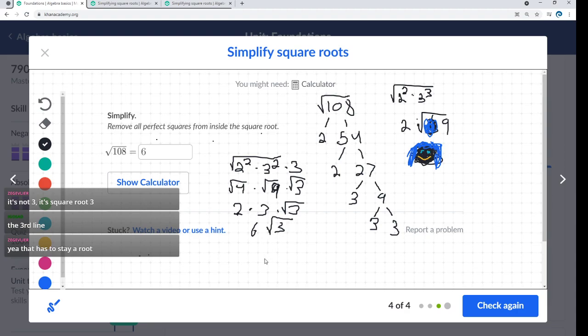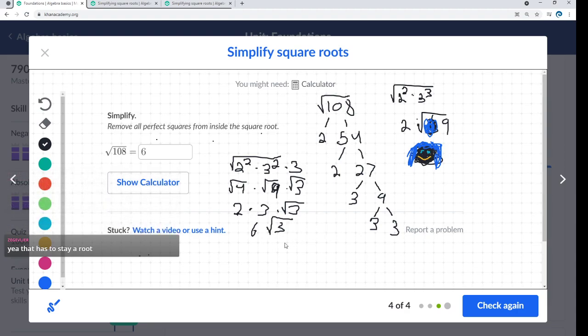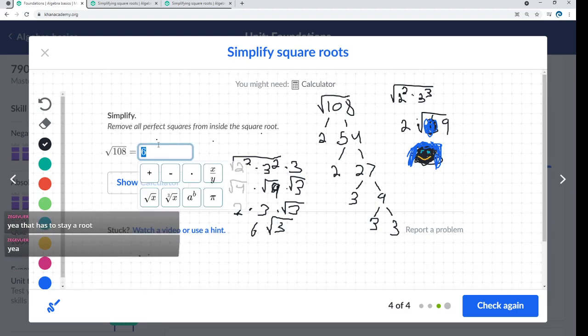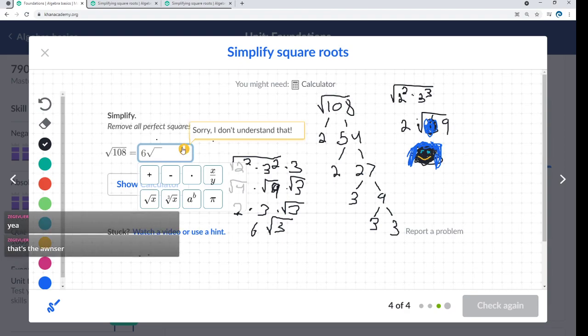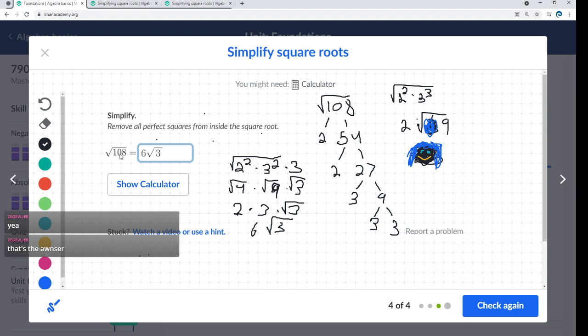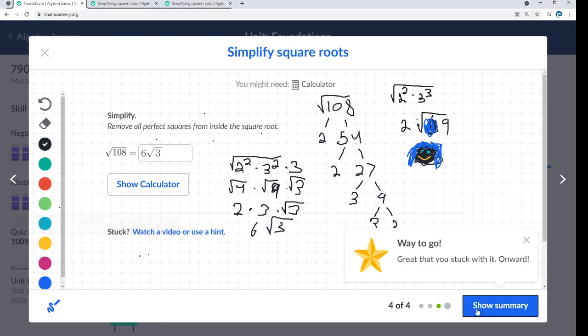Okay. So then it becomes this: 6 squared, 3. The square root of 108 is... Okay. Oh my goodness, thanks fellas.